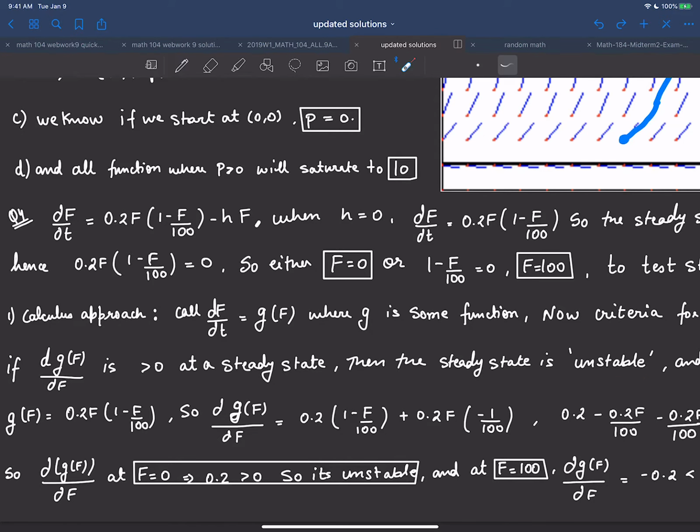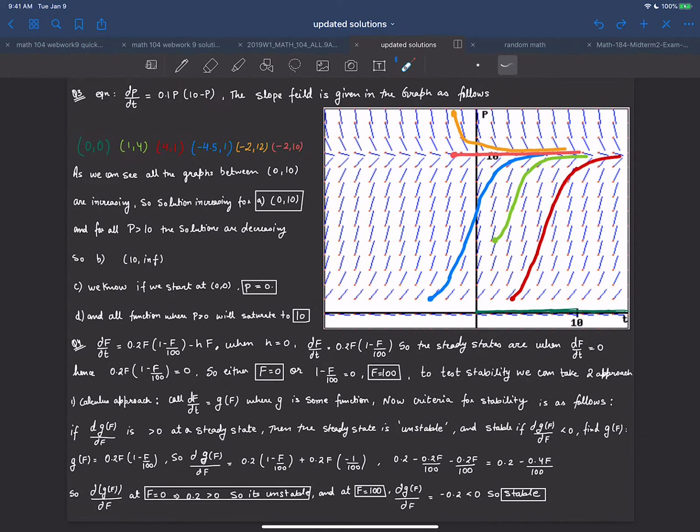If you have the other case, where the derivative is negative, then it's stable, as given by this condition. So my g(f) function was that. All I did was take the derivative of this function with respect to x. So I did the product rule here.